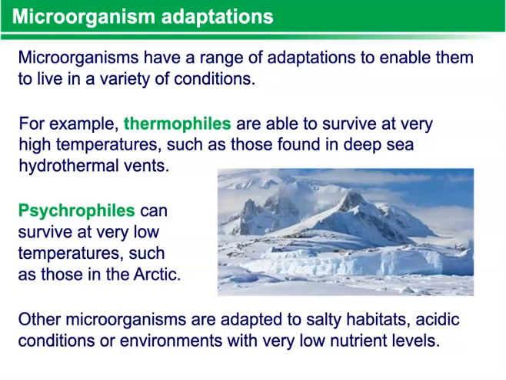Psychrophiles can survive at very low temperatures, such as those found in the Arctic. Other microorganisms are adapted to salty habitats, acidic conditions or environments with very low nutrient levels. So they've got specific characteristics that allow them to survive in the environment that they live in.